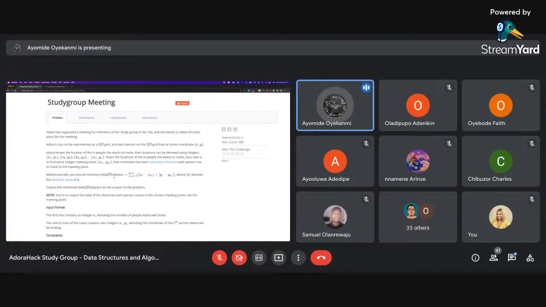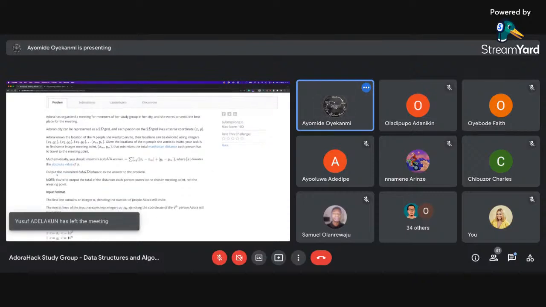Mathematically, you should minimize the total distance, which is the summation from i equals 1 to n, so starting from x1, of the absolute value of xi minus xm plus the absolute value of yi minus ym, where |x| denotes the absolute value of x. You output the minimized total distance as the answer to the problem.